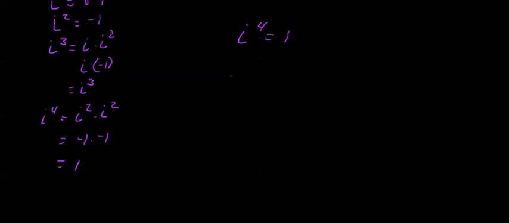So what does i to the 25th equal? Well, we're going to use our power to a power rule, and i to the 25th can be written as i to the fourth raised to the sixth power times i.